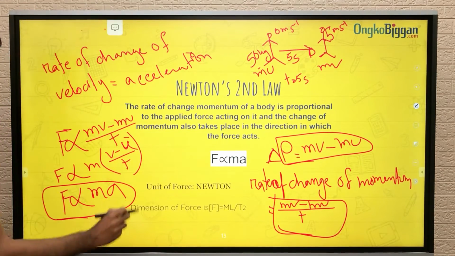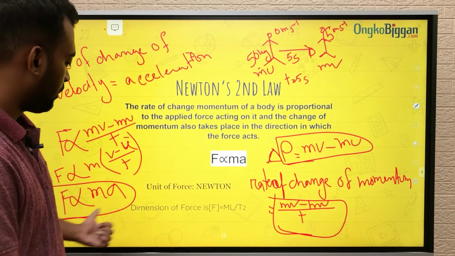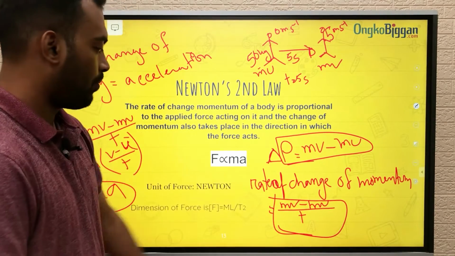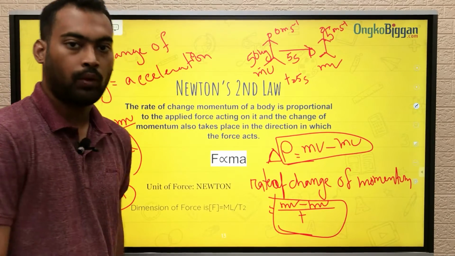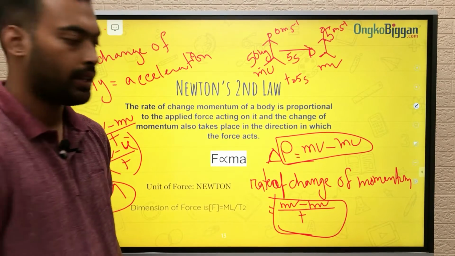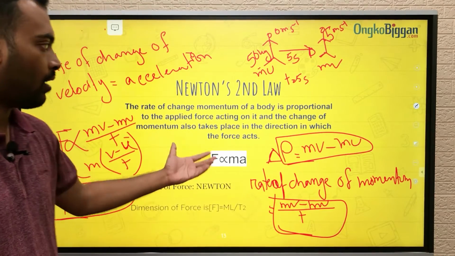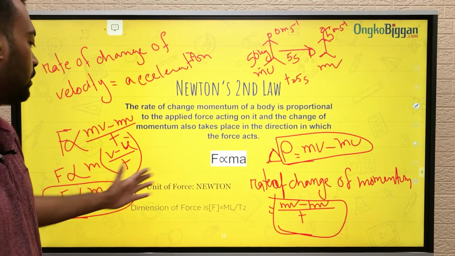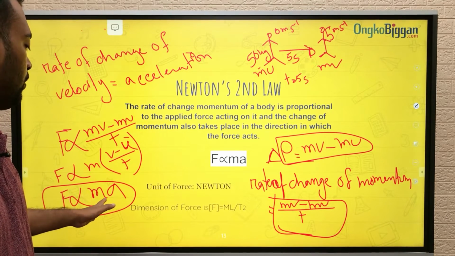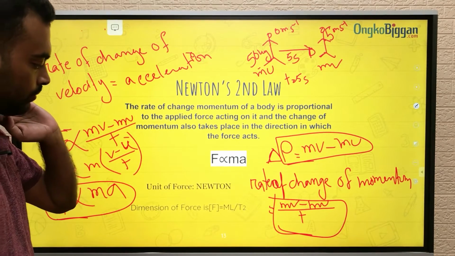So I can say that force is directly proportional to ma. This is how the formula of force comes. We know that force is equal to mass into acceleration. Where does it come from? It comes from Newton's second law, from this theory that force is directly proportional to mass into acceleration.